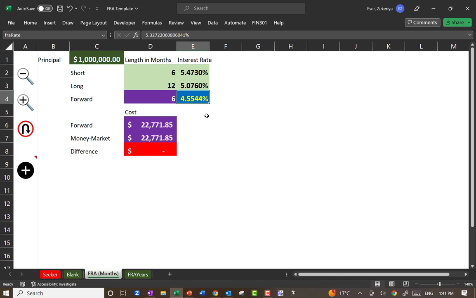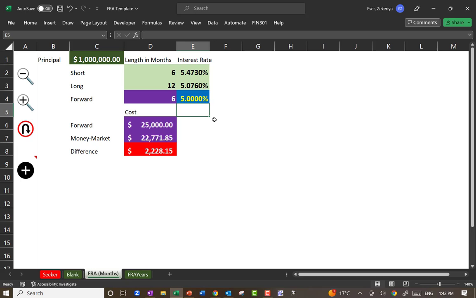Because if that's not the forward rate, then there's going to be arbitrage to be made. Let's say that number is 5, okay? The forward rate was 5% instead of 4.55. Doing the forward would have cost $25,000 in interest.